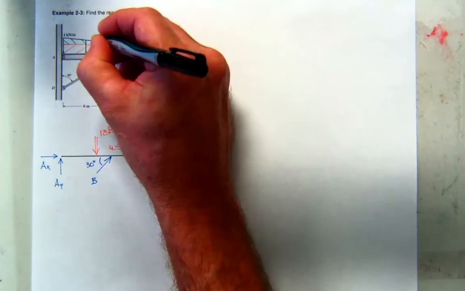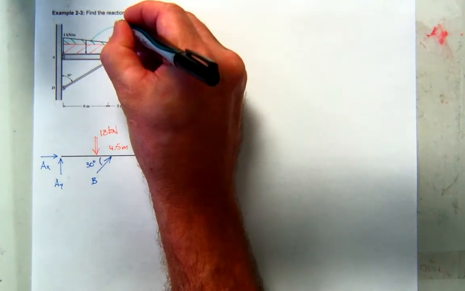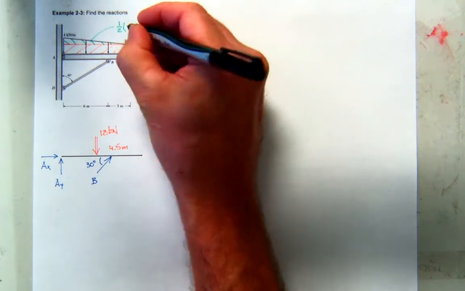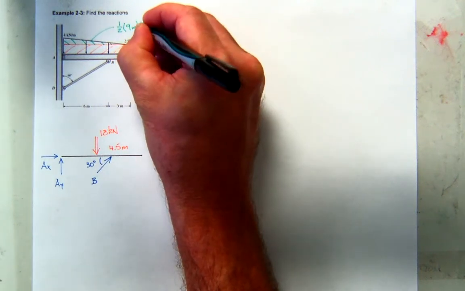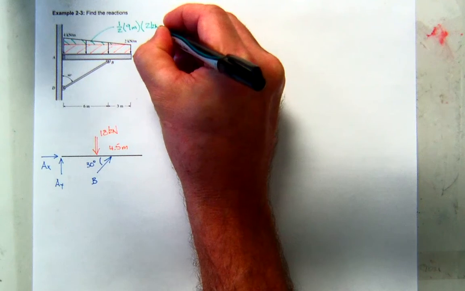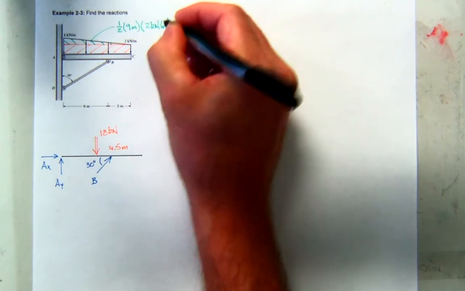Remember, the area of a triangle is 1/2 the base, which in our case is 9 meters, times the height, which is only 2 kilonewtons per meter. The 2's cancel and you get 9. Everybody see that?